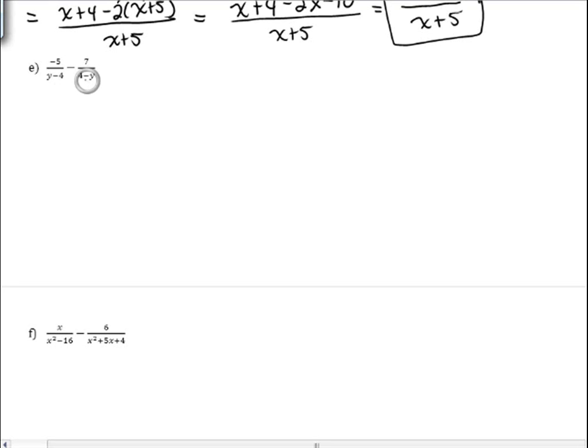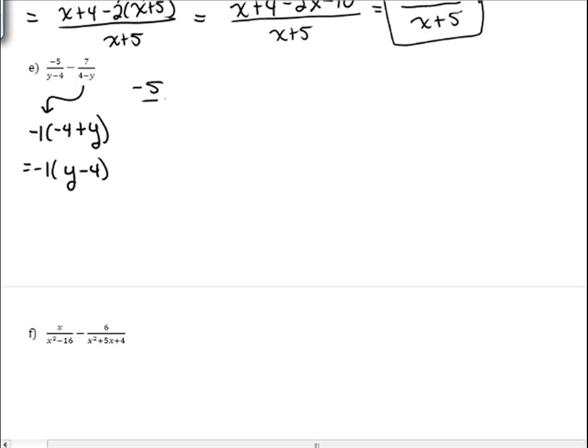I'm going to factor it out of this second one, 4 minus y. When we factor the negative 1 out, the 4 becomes negative, and the y becomes positive. So we'll have negative 1 times the quantity negative 4 plus y. And that's the same as negative 1 times the quantity y minus 4.